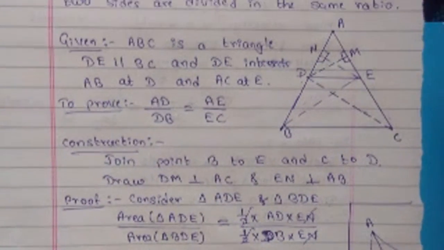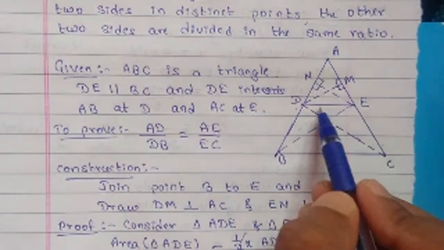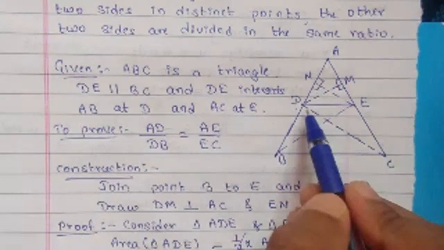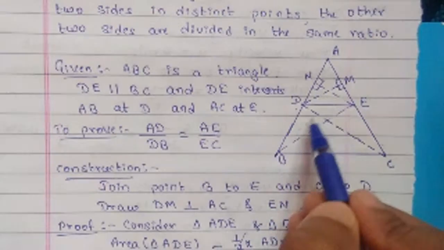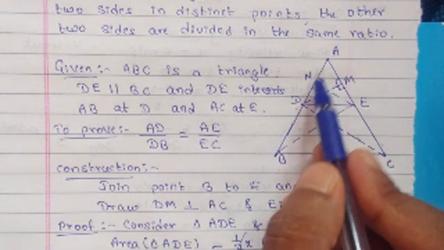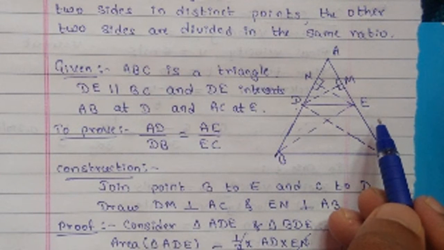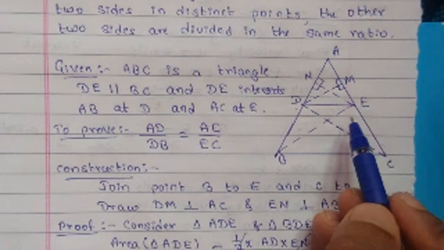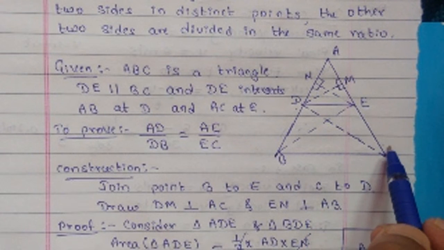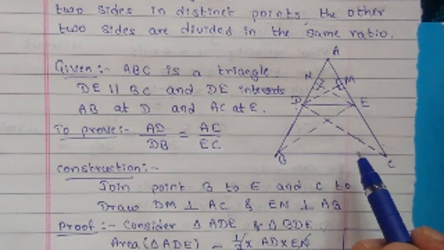See here, the triangle is again ADE and DEC. Now in the previous one we considered DBE, so in that case we considered the left hand side. Here also the left hand side as the base. Now I am considering DEC, therefore we have to consider the right hand side part as the base. So for the lower triangle we have to consider EC as the base, and for the upper triangle we have to consider AE as the base.